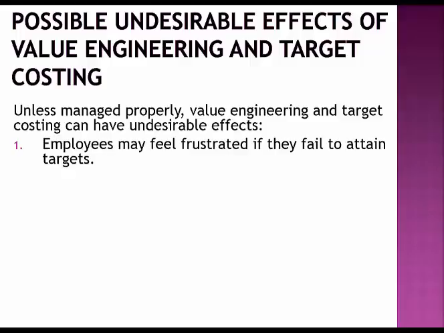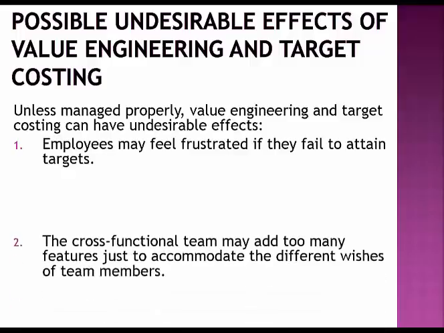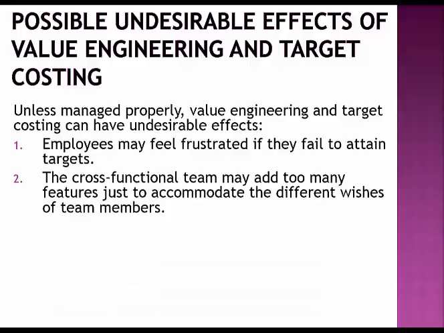Okay, so that's another reason why you've got to have input from all the different areas. These have to be attainable. Okay, so if they're not attainable, your people will get frustrated. The cross-functional team may add too many features just to accommodate the different wishes of team members.